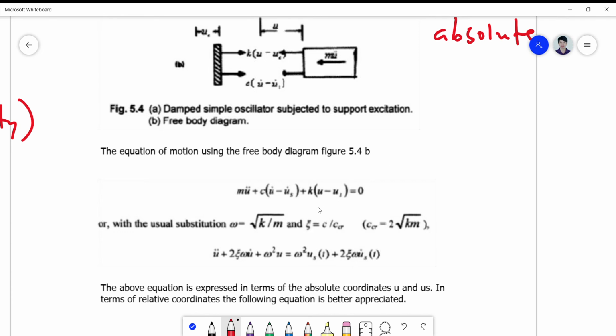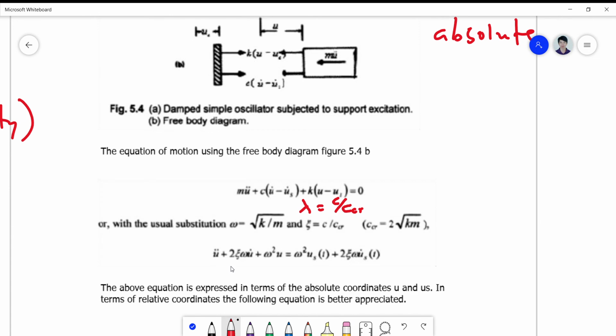This is the lambda that we talked about in our previous lectures. So we note that your differential equation of motion can be written in this form.